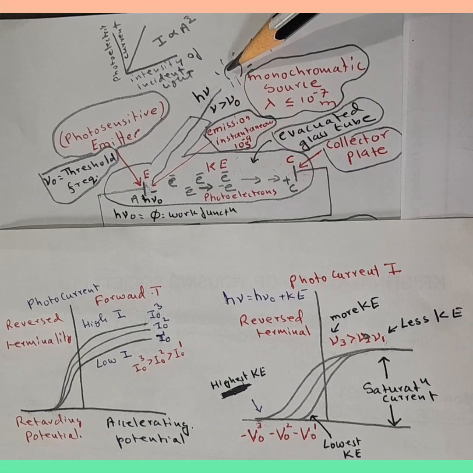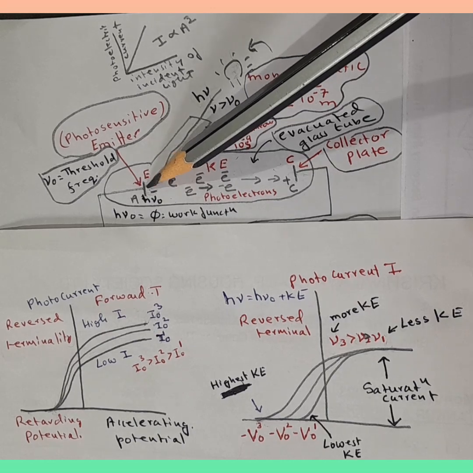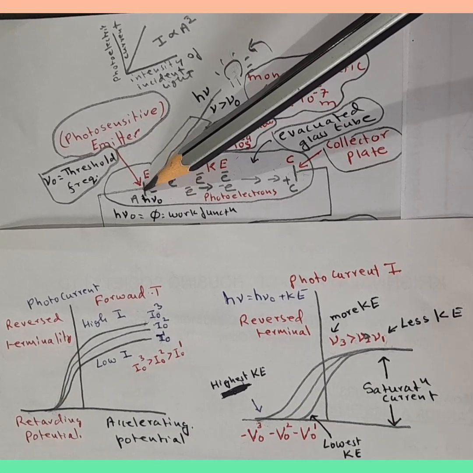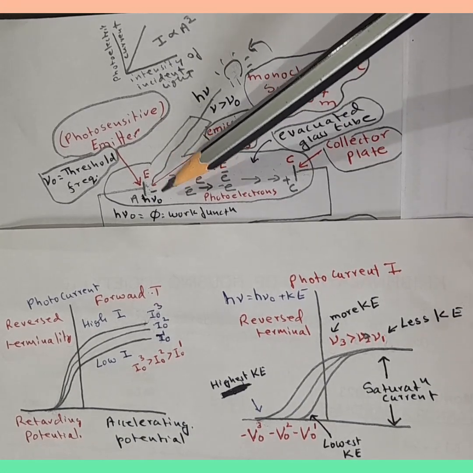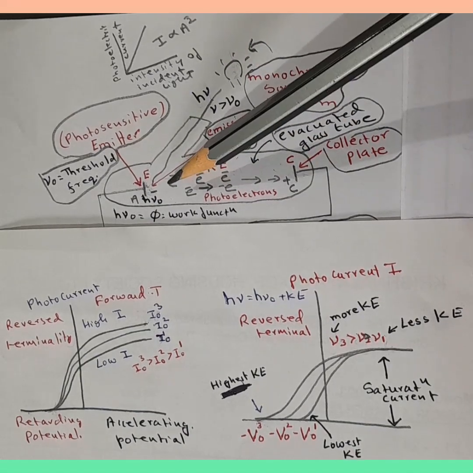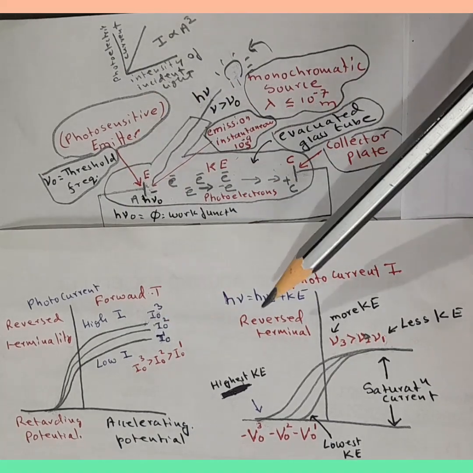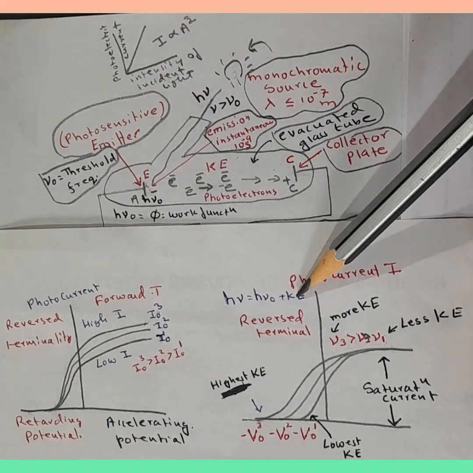For example, suppose there is 200 joules coming over here, and out of that 20 joules is used for stripping the electron. That is the threshold energy, 20 joules. So 180 joules is involved for kinetic energy. That's how the equation h nu is equal to h nu 0 plus Ke works.